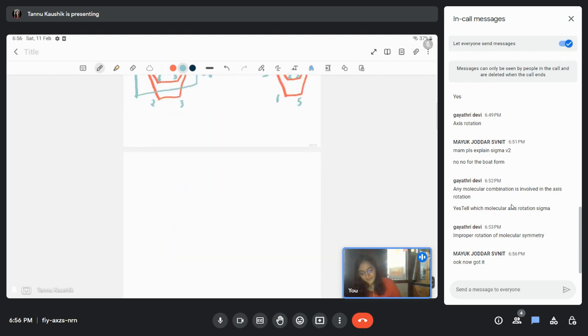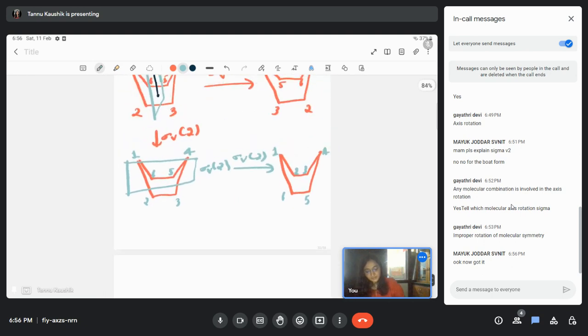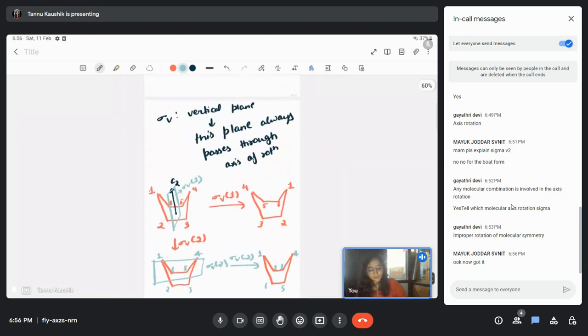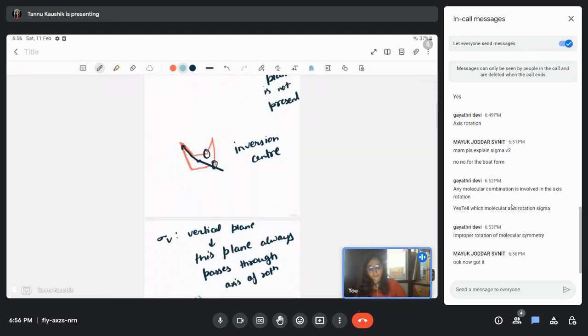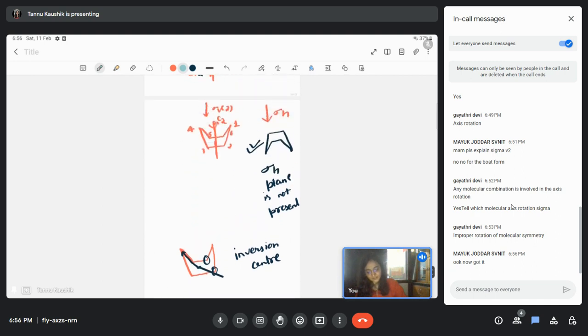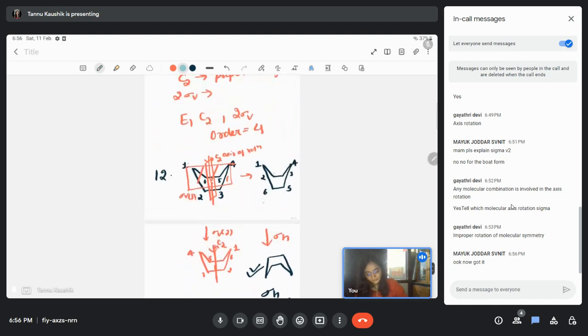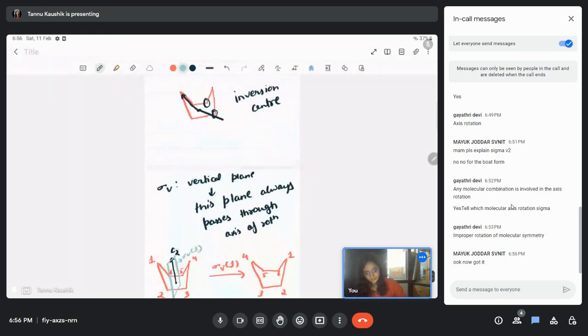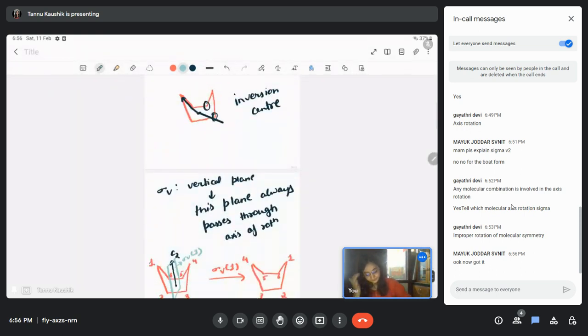Yeah, the improper rotation of molecular symmetry. You were asking, right? Firstly, we will have to perform the operation along the principal axis of rotation, which is C2. After performing this, we got this configuration.